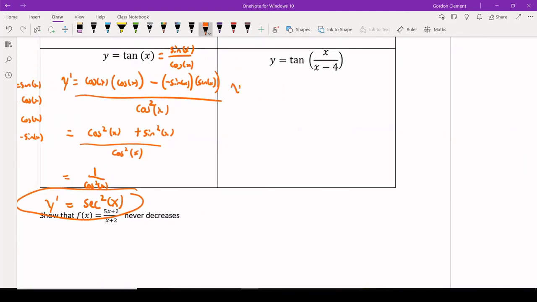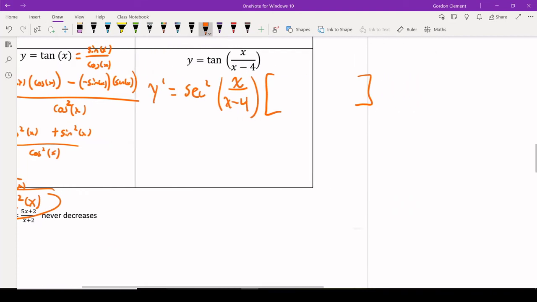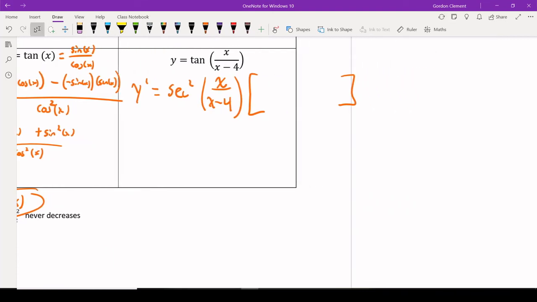Oh, like this one. So here, derivative of tan is secant squared. The chain rule says leave the inside in there, and then multiply by the derivative of the inside. And the derivative of the inside is a quotient rule. It's x over x minus 4. So I can write out f prime is just 1, g is x minus 4, g prime is just 1.